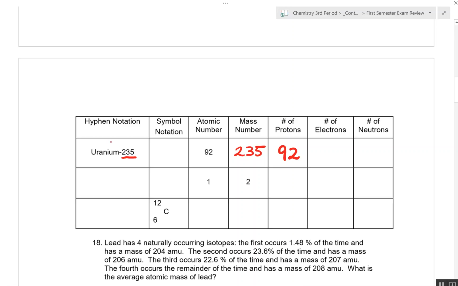Do you see a charge over here? Nope. So how many electrons? 92. And how many neutrons? What? 143? He did the subtraction. Now, the symbol notation is U, mass number on top, 235, atomic number on the bottom.